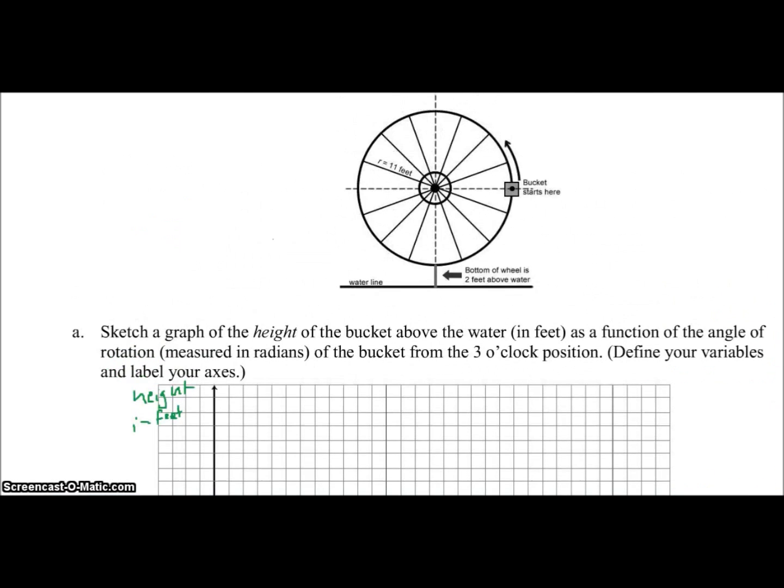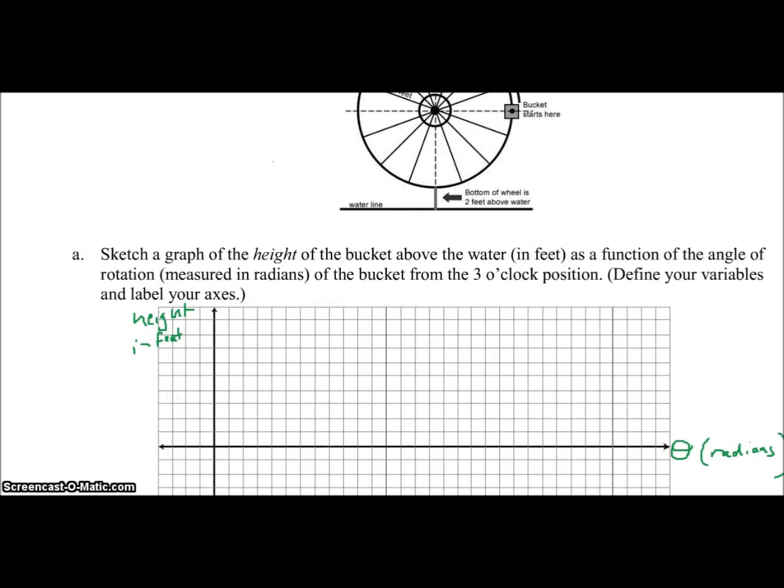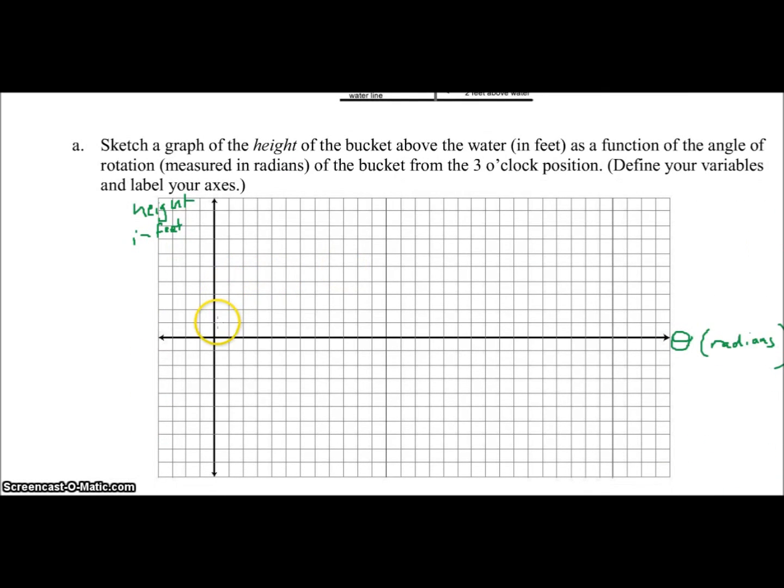Alright, notice that we begin at a distance of 13 feet, or 11 plus 2 feet above. So 1, 2, 3, 4, 5, 6, 7, 8, 9, 10. Let me just count by twos. 2, 4, 6, 8, 10. So we start at 11 feet high.